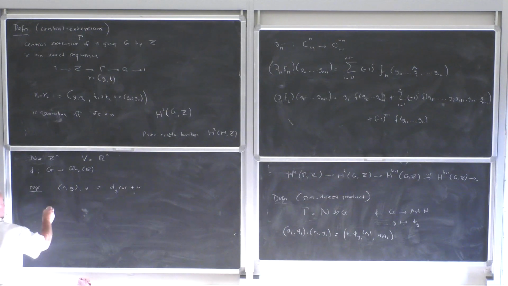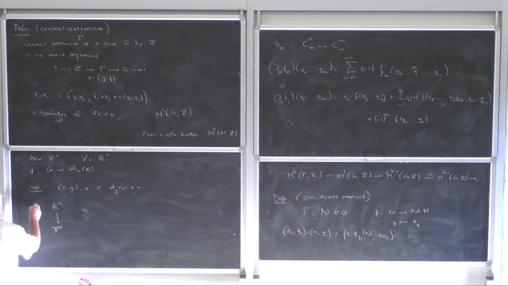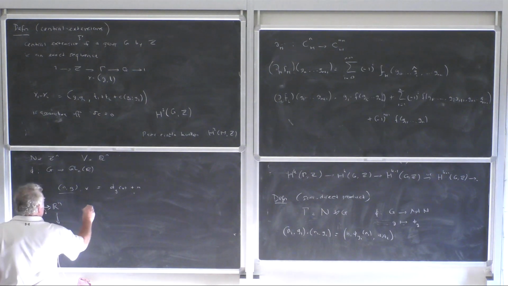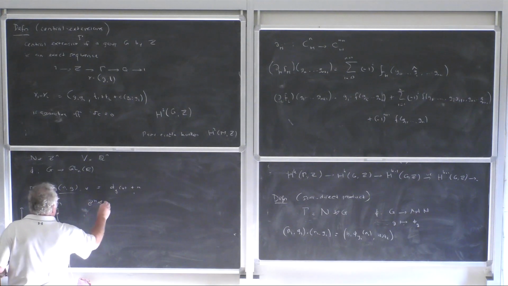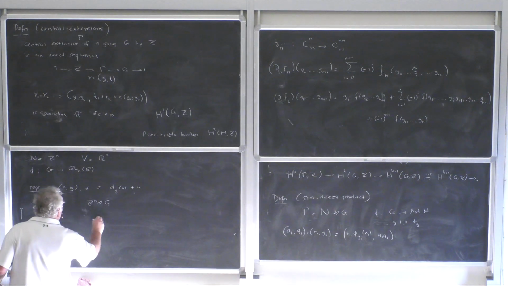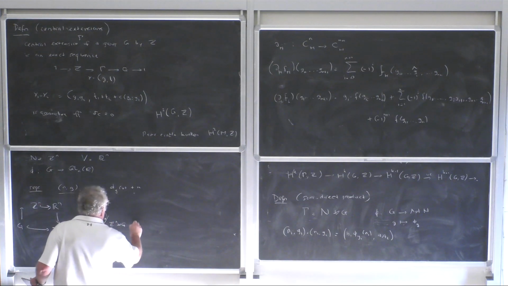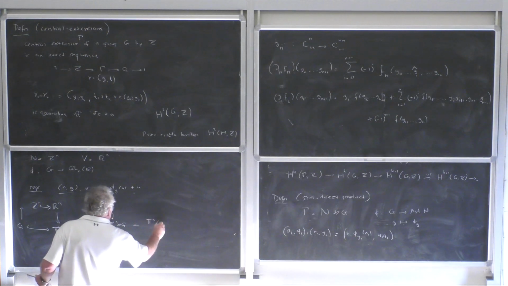So again, what I'm trying to do here is I have R^n, I have my surjective submersion, which has an action of Z^n, and I also now have an action of G on T^n, which I want to lift over here. And what I claim is that the action is actually an action of Z^n semi-direct product G. So in some sense, R^n divided by this action of Z^n is going to be what I would like to call the toroidal orbifold.